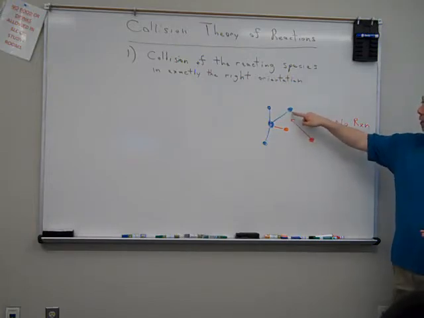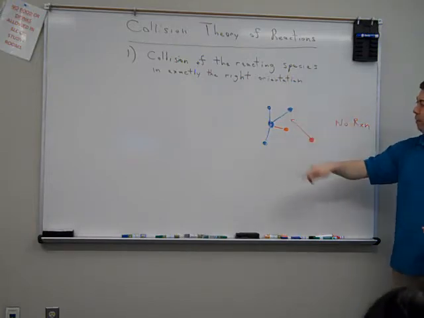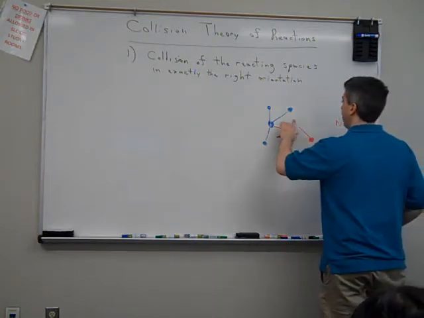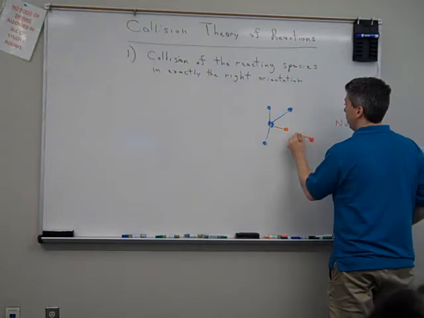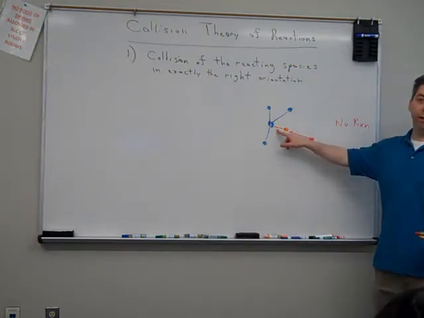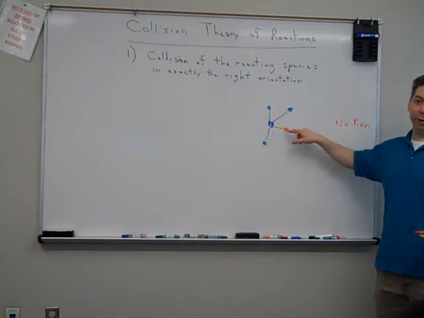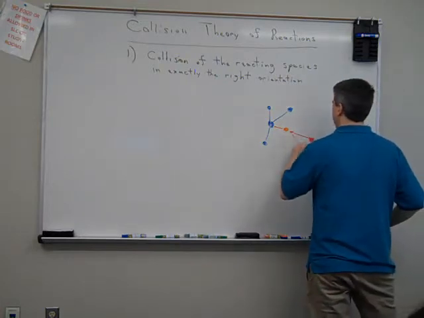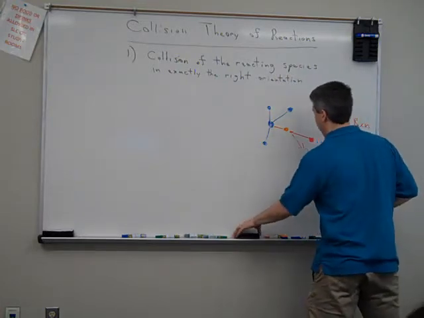It's just going to deflect and bounce off. Or, if it hits straight on, the bond is here, so that's not really going to disrupt the bond too much. It's just going to compress it a little bit, and it's going to bounce right off, and you're going to get no reaction.